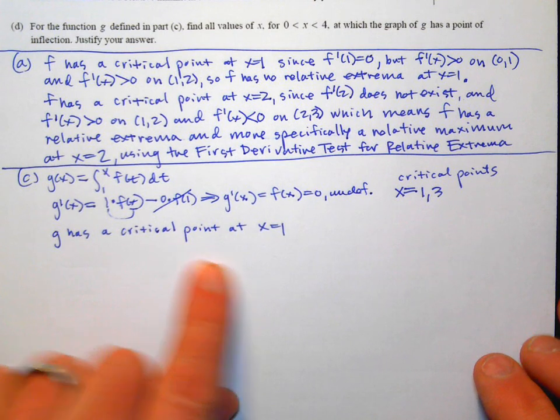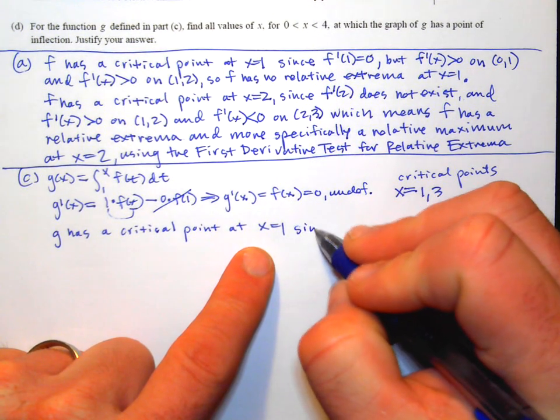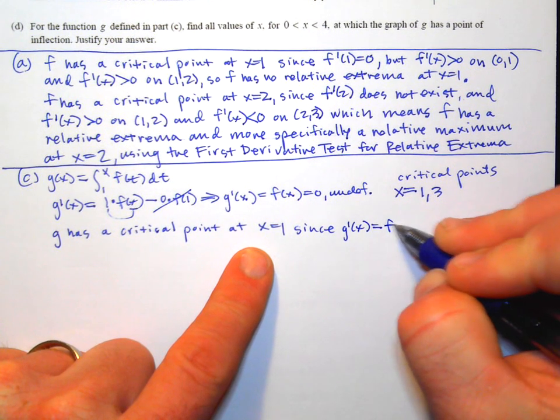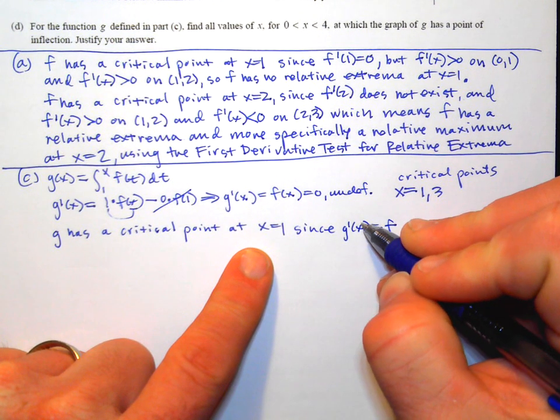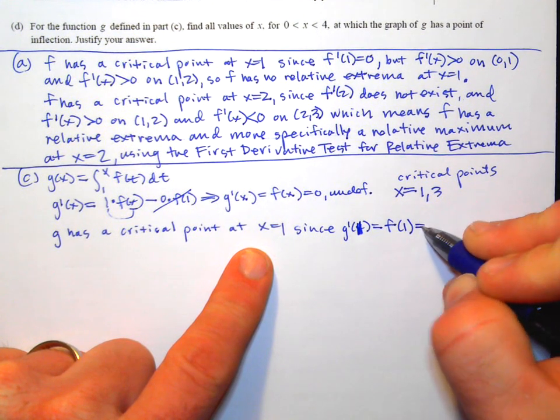G has a critical point at x equals 1 since G prime of x, which equals f of x, or G prime at 1 equals f of 1 equals 0.